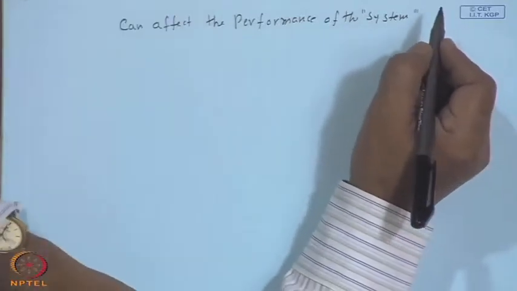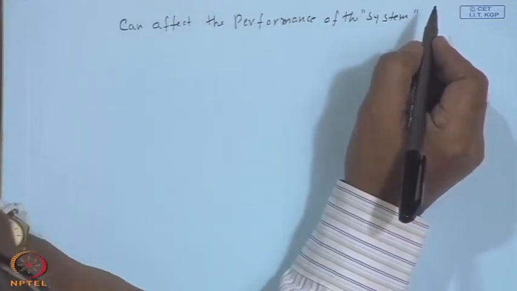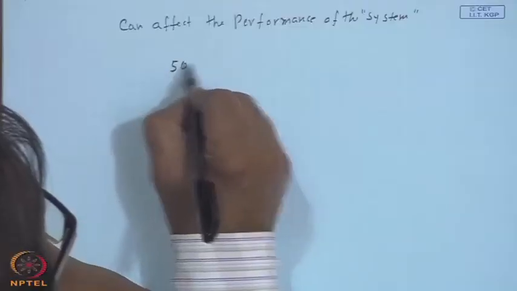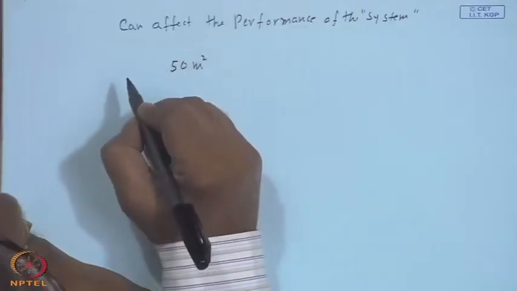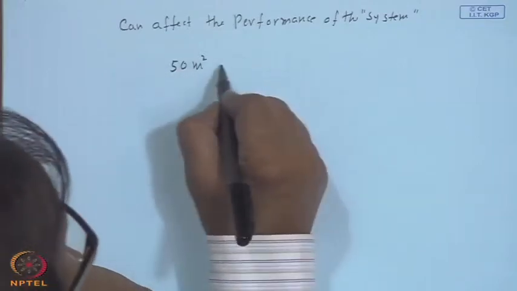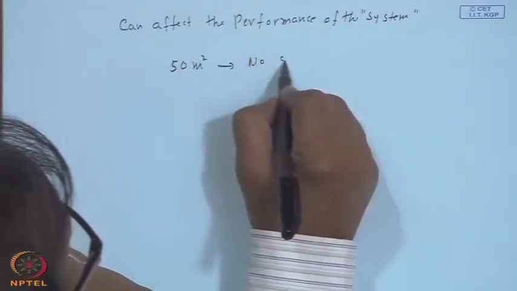As a very extreme example to drive home the point, somebody designed and calculated it requires, let us say, 50 square meters of collector area for bathing in a hostel, and then no storage tank.